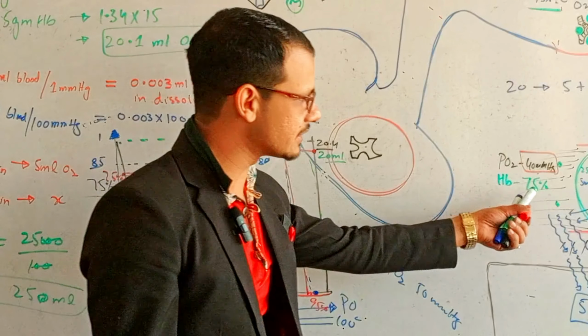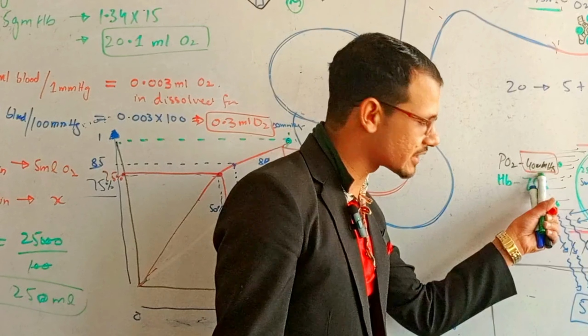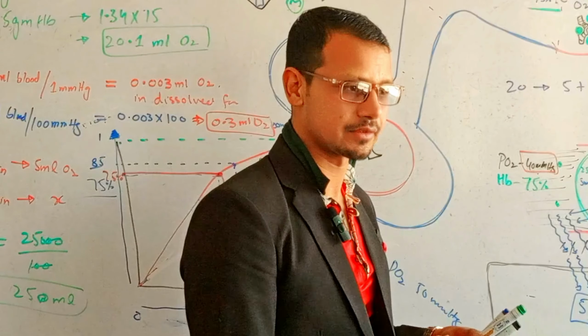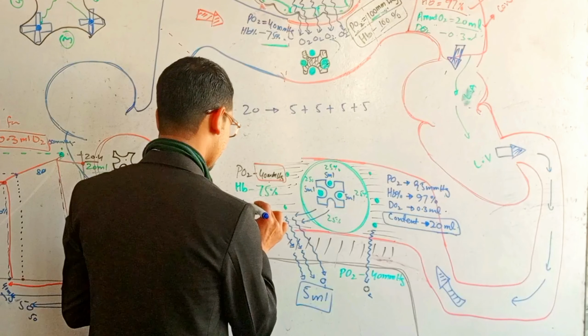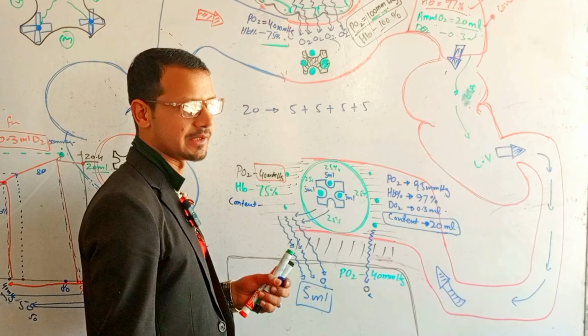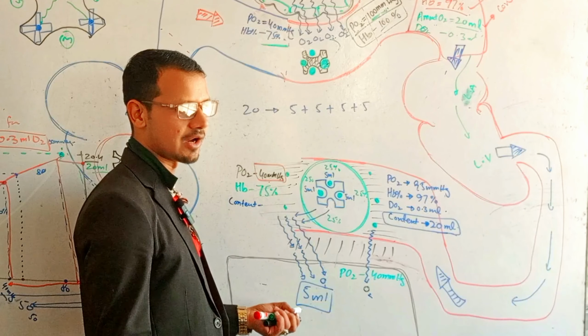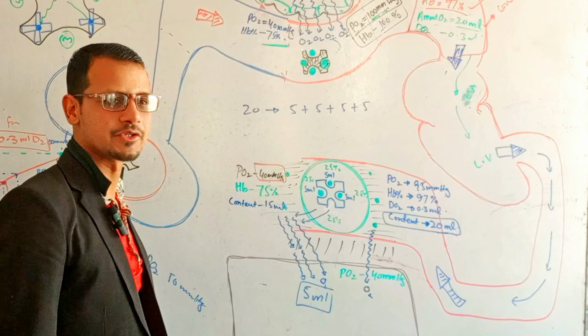So the saturation here is 75%, and the partial pressure is 40 mm. What is the content of oxygen? This is very easy. Out of 20, 5 ml is given to the tissues. How much is remaining? 15 ml. So 15 ml of oxygen.